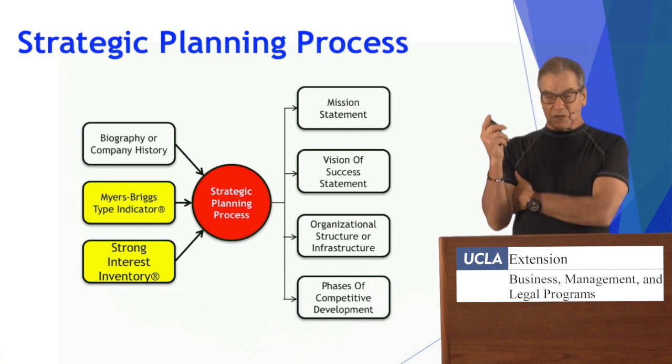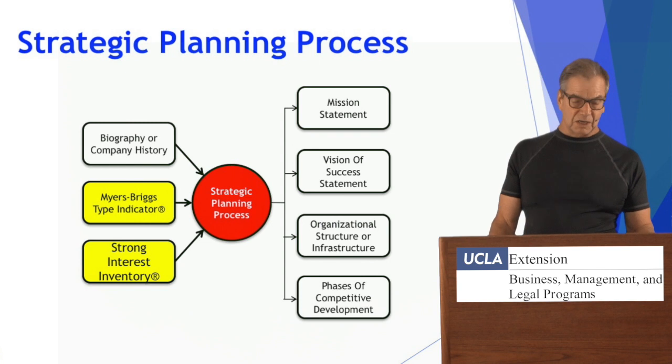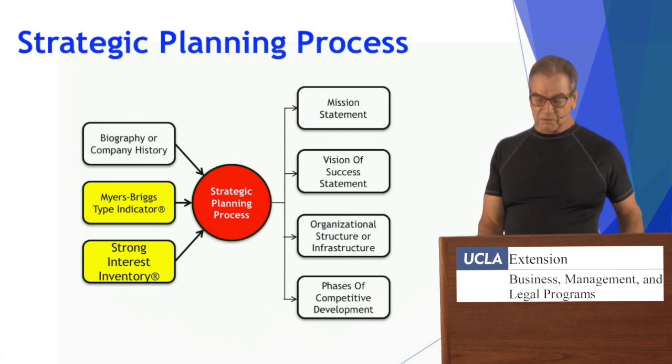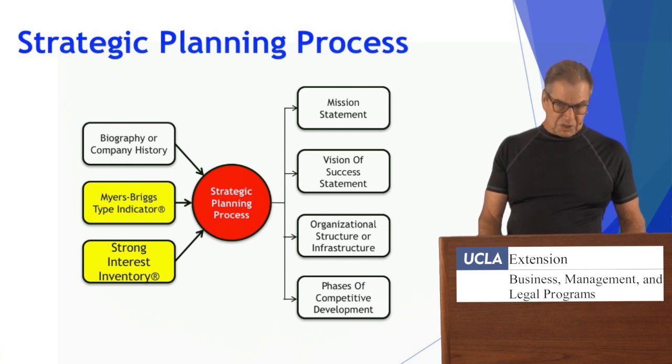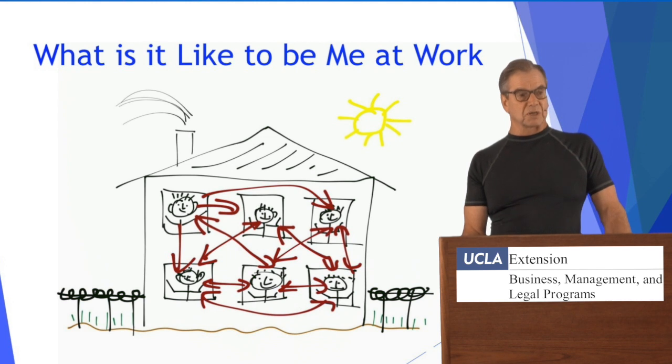One of the things I want to share with you, which comes from understanding and using this information in corporate environments, is that we can use it to help people understand what it's like to be ourselves in a workplace.